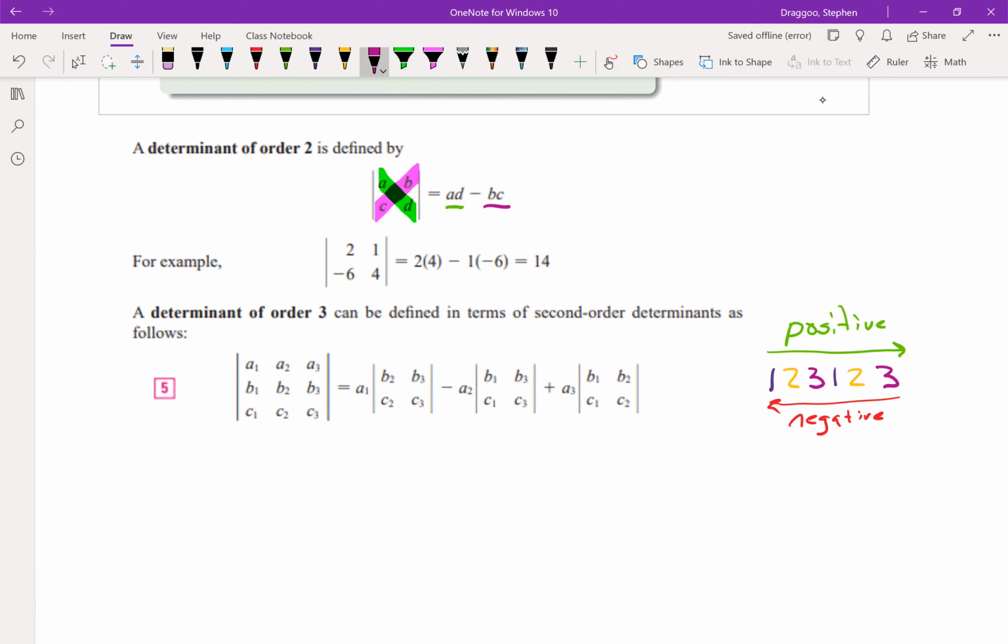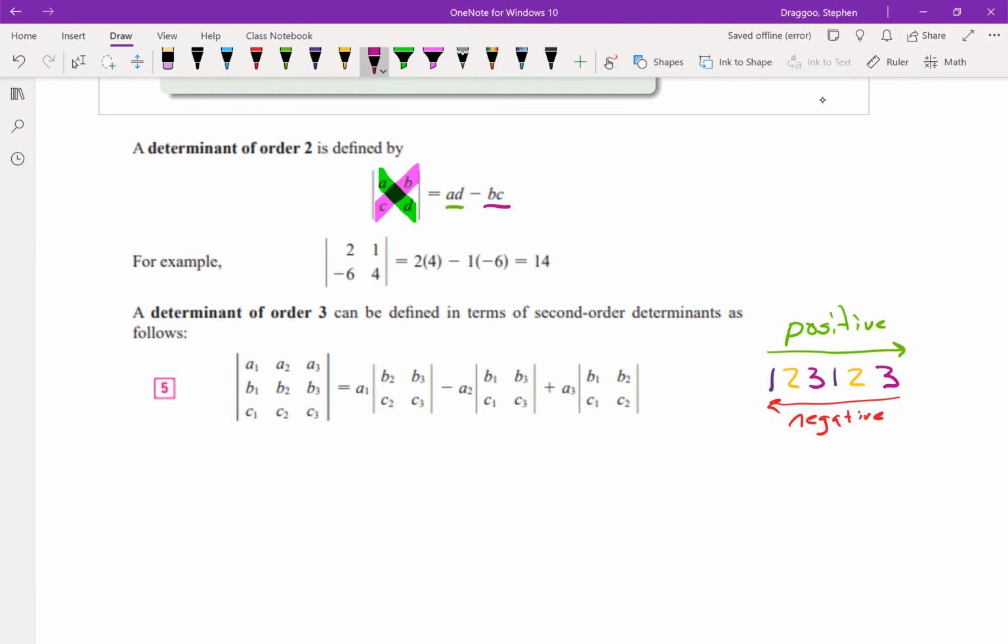And then what we're really going to want to do is look at a determinant of order 3. If we have a 3x3 matrix and take its determinant, it comes out to the equation listed to the right, where each of the pieces of the top row is multiplied by another smaller determinant of order 2. So calculating the determinant of a 3x3 matrix is basically the same as calculating the determinant of three 2x2 matrices.